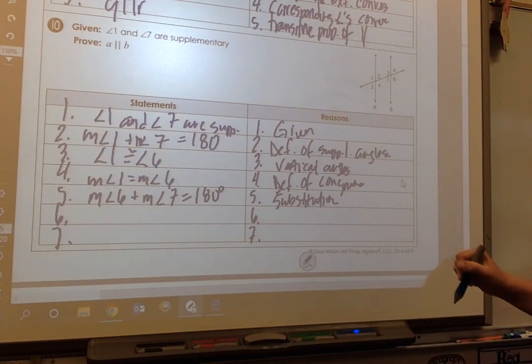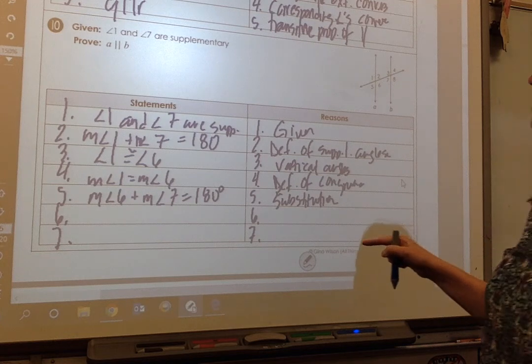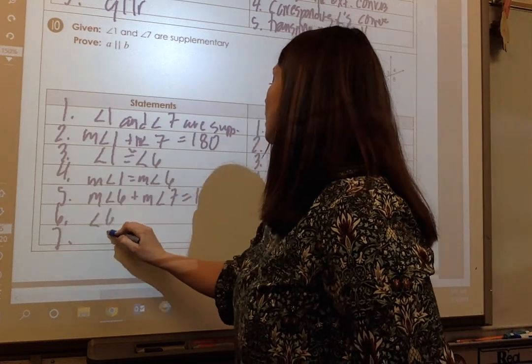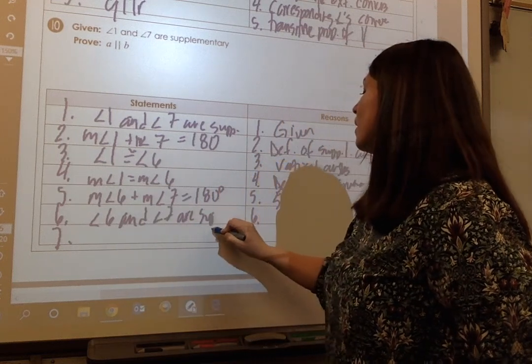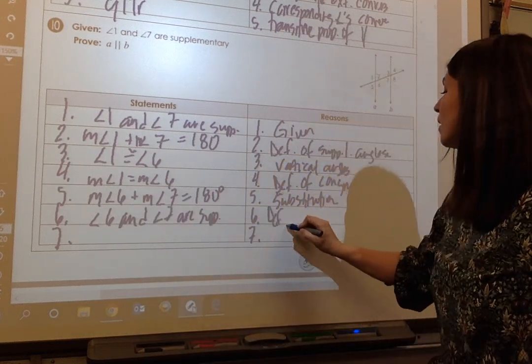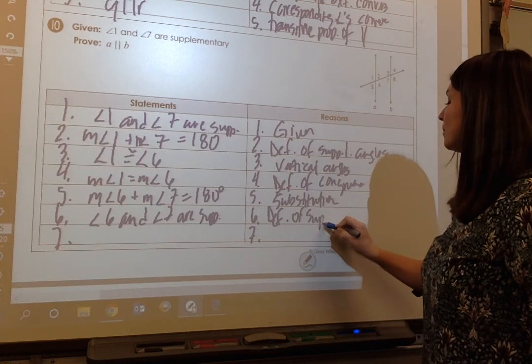And now I can say that angle 6 and angle 7 are supplementary, and that's definition of supplementary angles.